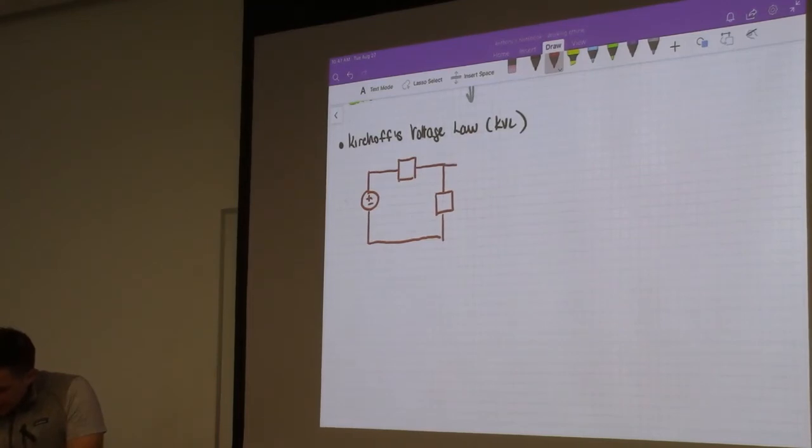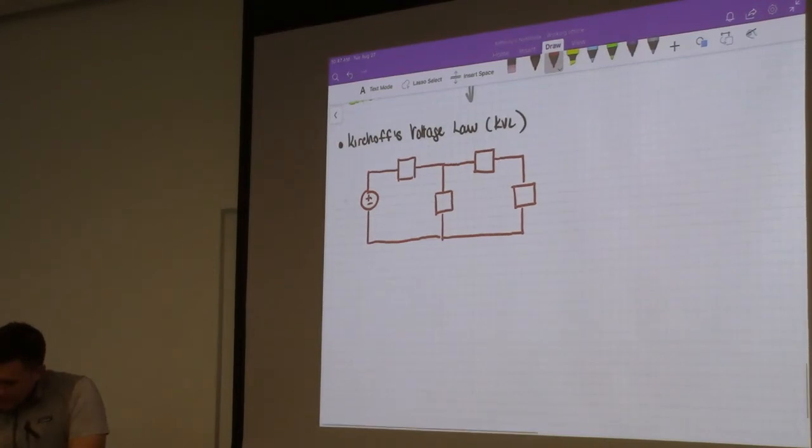And it has a second little mini loop over here. And I define a bunch of these voltages. So I'm going to call this voltage A, call this voltage B, plus minus, voltage C, plus minus, voltage D, plus minus, voltage E, plus minus.